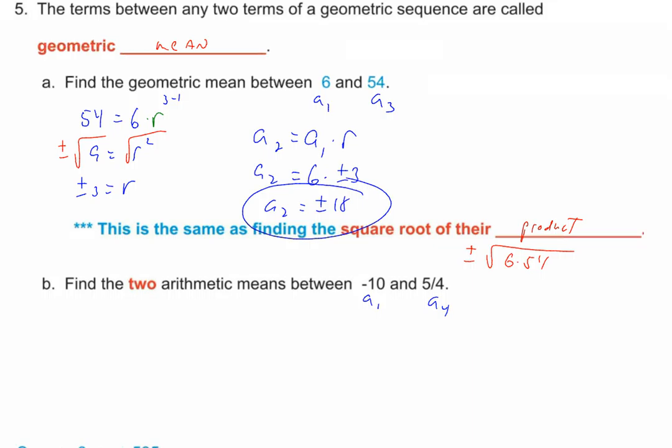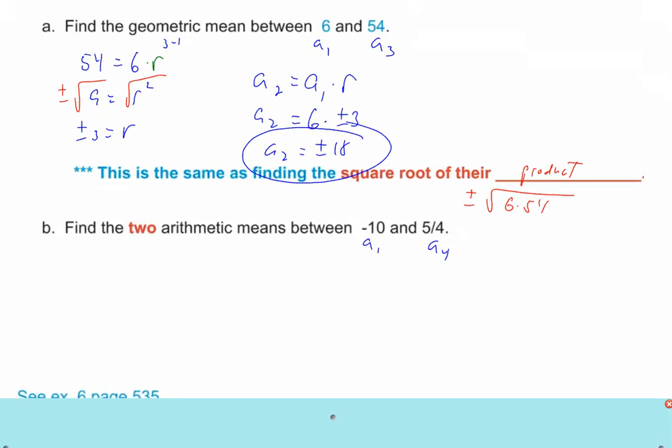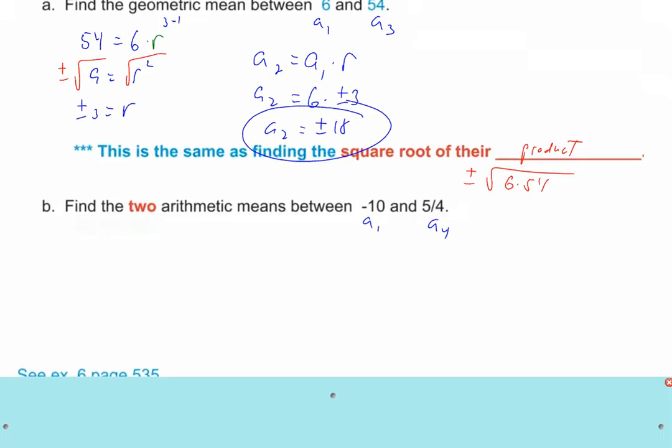That's just kind of a side note there. And again, that's if you have just one geometric mean. So if you want a shortcut on finding the geometric mean, you could do plus or minus the square root of the product of those two numbers. It's a shortcut. Takes you to the same place, a little bit quicker way of getting there.